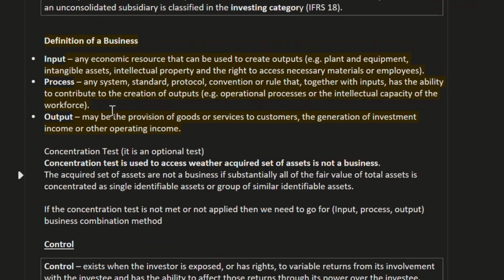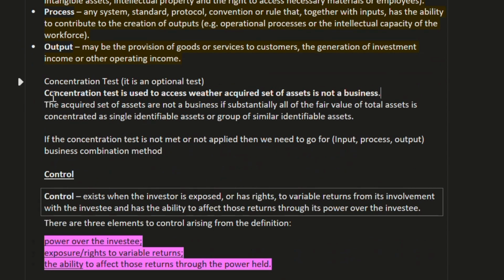If the concentration test is not met, then we go and check the definition of a business. The concentration test is used to assess whether the acquired set of assets is not a business.